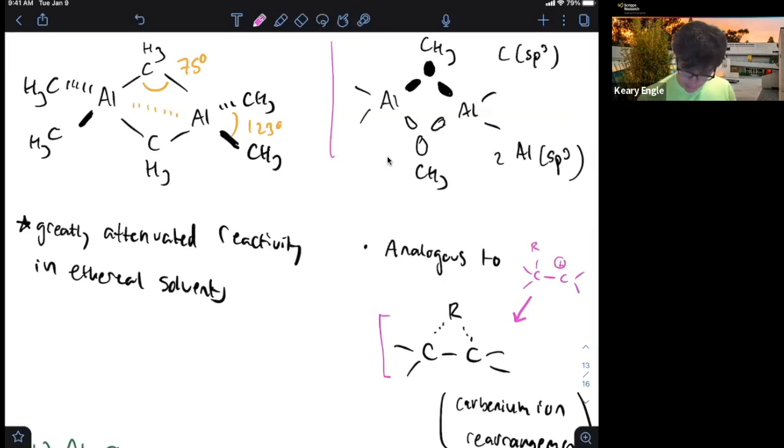In this case, we would have this as a transition state structure.